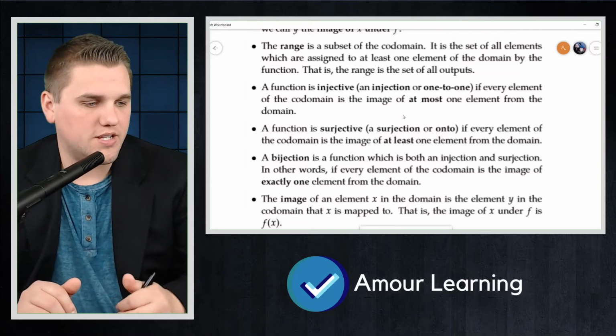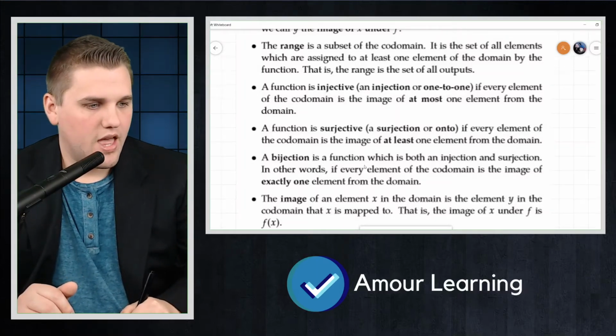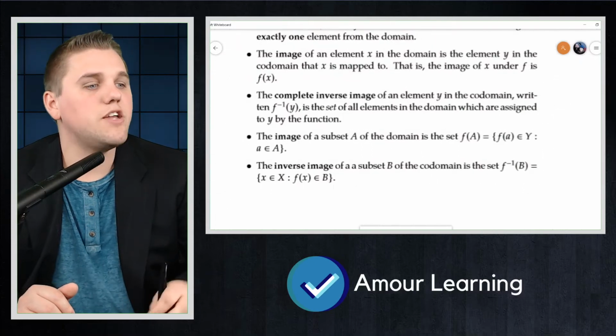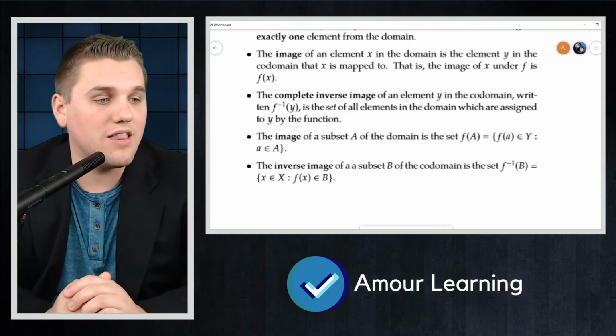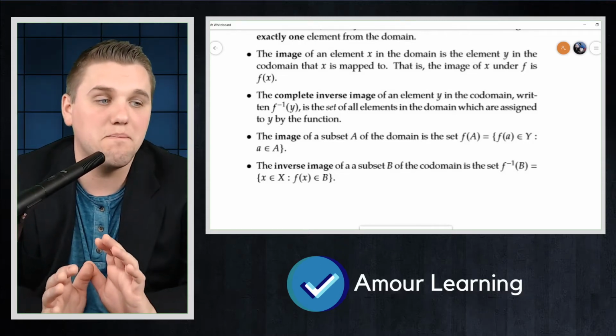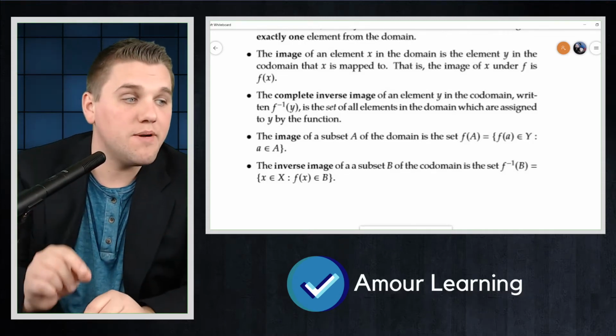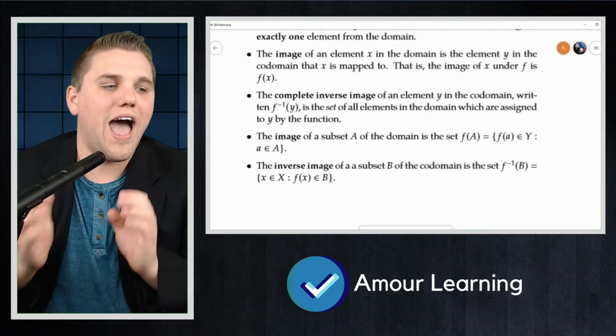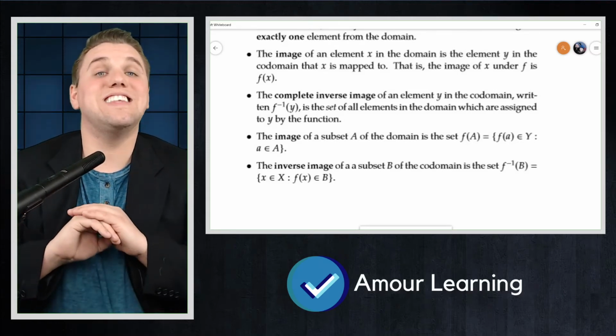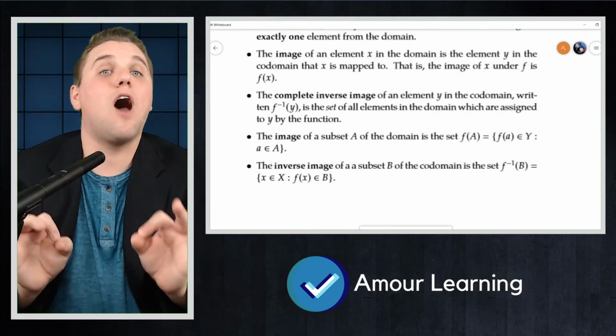The image of an element x in the domain is the element y in the codomain that x is mapped to. That is, the image of x under f is f(x). And so f(x), keep in mind, is not a function, it's an output.